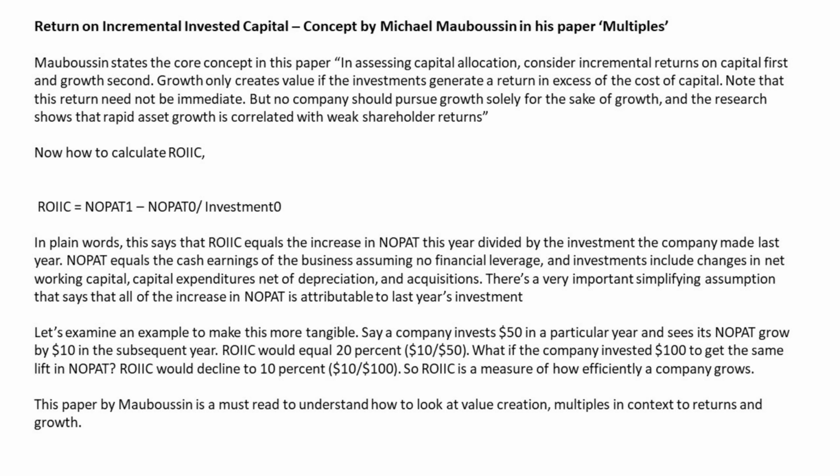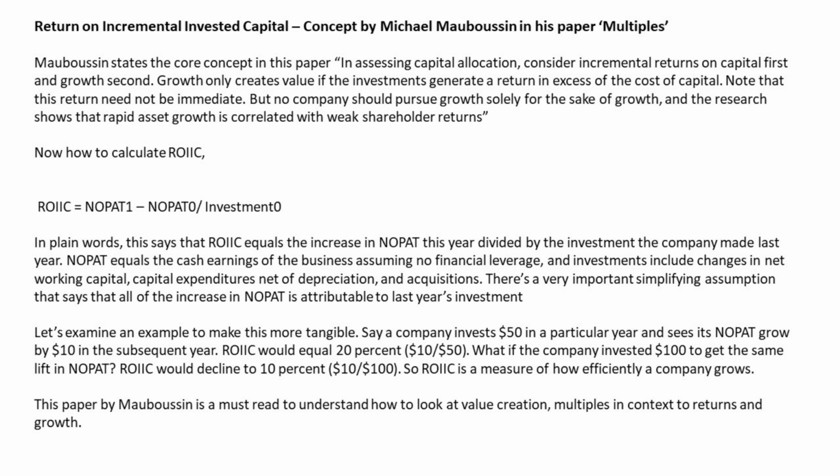So in simple terms, this will fetch us the return on incremental invested capital. Now this ROIC equals the increase in the net operating profit this year over last year on the incremental investment made. So it is a slightly different ratio, very much along the lines of return on capital employed.